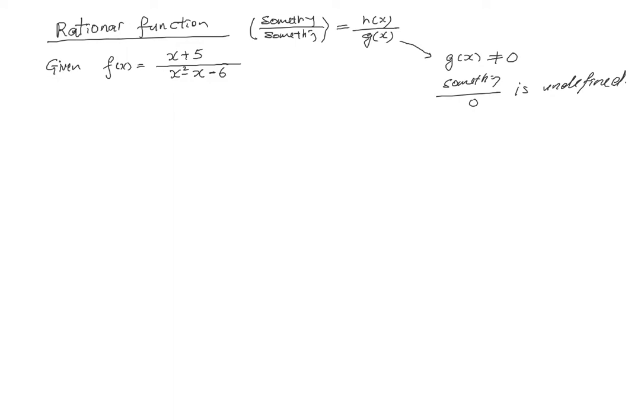So for a rational function, straight away, we must first determine the domain. How to determine the domain? We have to say that the bottom cannot be 0. So we can factorize this, or you can use your calculator.